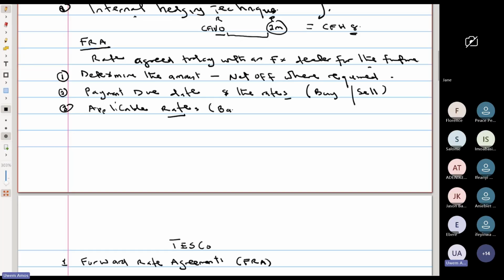Are you trying to sell the foreign currency or trying to buy it? Take, for example, if I receive $100 free money right now, and I'm a Nigerian, I want to sell it to get Naira, because Naira I would spend. But if I wanted to pay for, say, my ACCA dues, I need to buy pounds, so I'm buying. So the rate is not going to be the same. That's why you need to determine which of the rates is applicable, and that is based on the requirement.